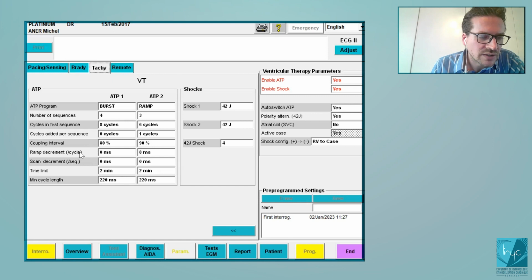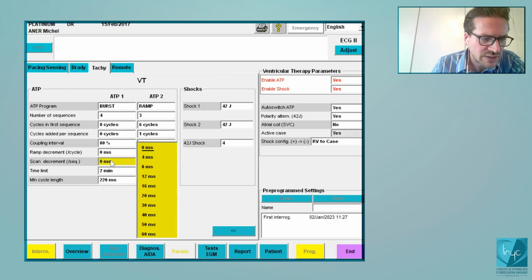And then we can also change the way the ramp is delivered, so how fast it accelerates within the ATP. But we can also add rapidity between the ATPs, making each ATP after the ATP more aggressive, which they call a scan.